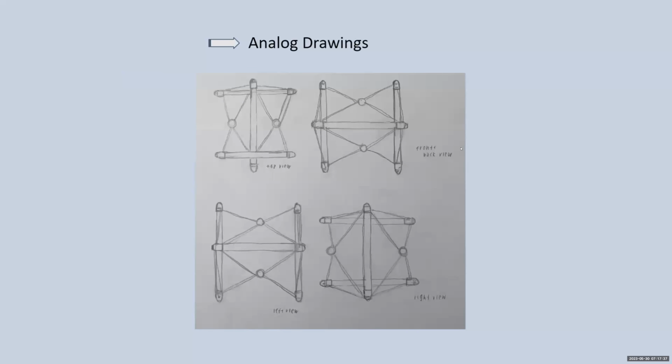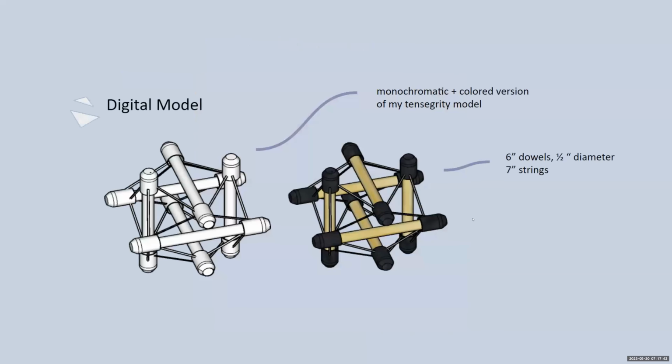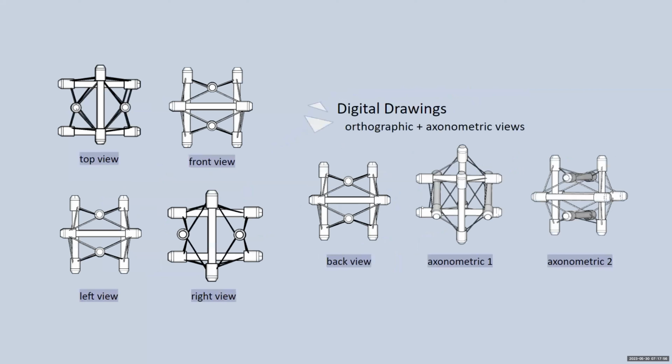I did a top view, left view, front and back, and also the right view. Then moving on to digital model, I put it on SketchUp. I did a monochromatic and then I did a colored version. Digital drawings have all the different orthographic and axonometric views, as you can see here.